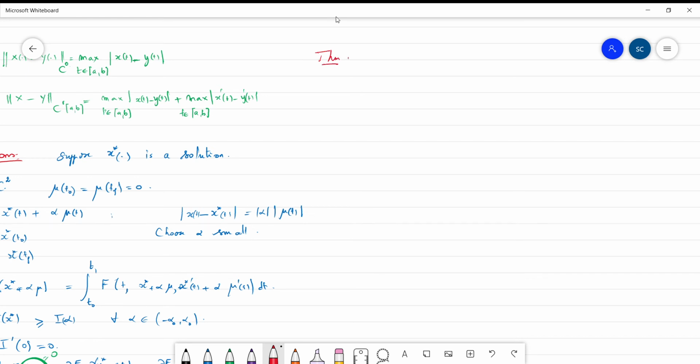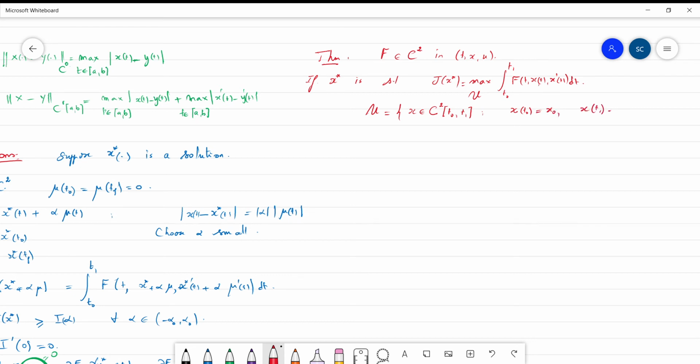If we have f a C2 function in the variables t, x and u, then if x star is such that g of x star is the maximum of the integral from t0 to t1 of f of t, x, x prime t dt over the set U, where U is the set of functions x in C1 from t0 to t1 that satisfy x of t0 equal x0 and x of t1 equal x1.